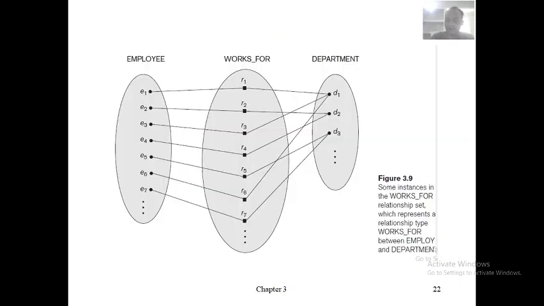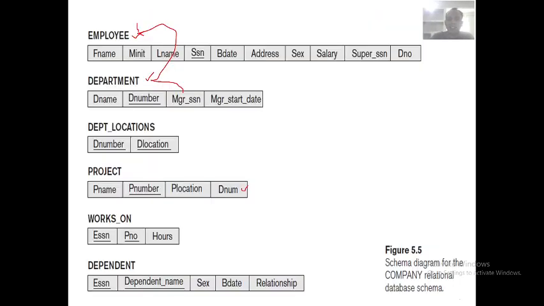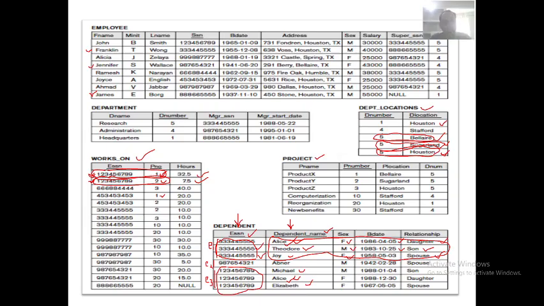Second example: the attribute controlling department of a project. In the project table we have the department number which controls that project. See here now, where is that project? Here it is.